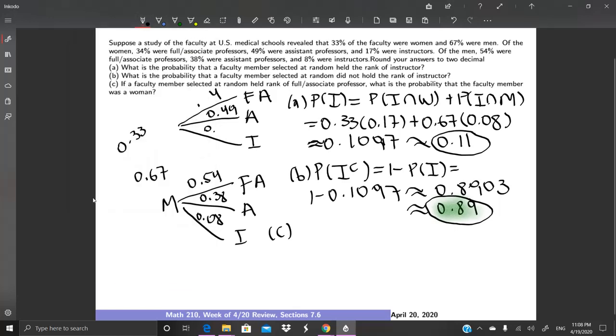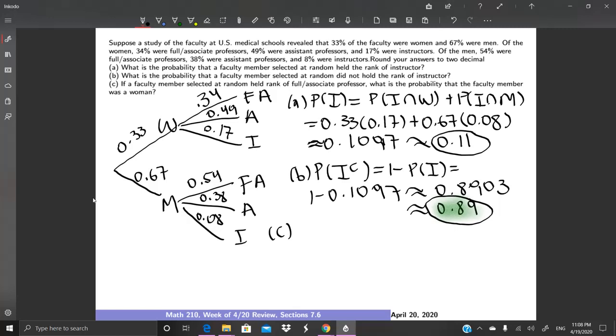Okay, so we had women here, men here. Alright, so let's see what the percentages were. 33 and then 34. And then for instructor for women, we had 17. And I think we got everything.